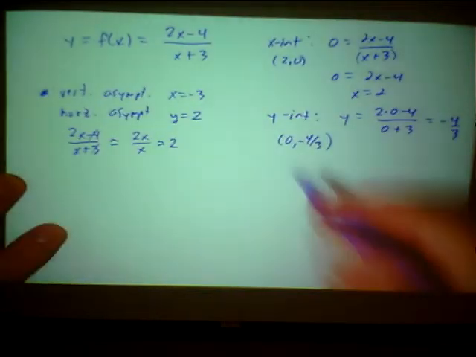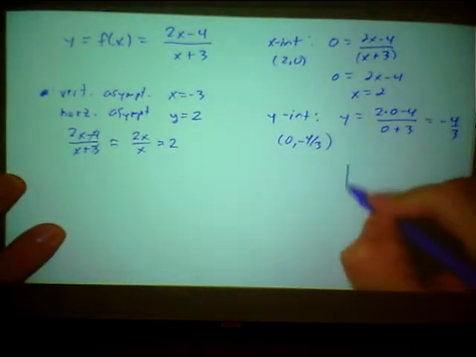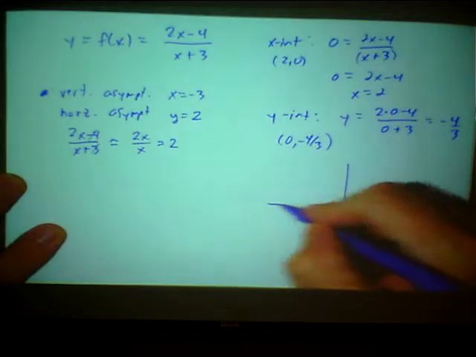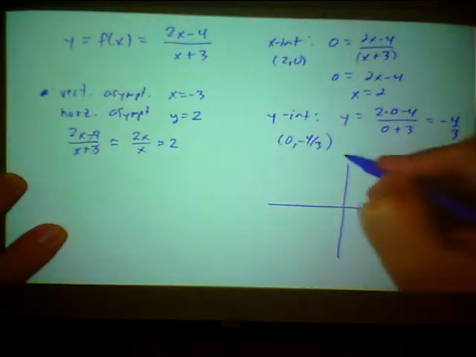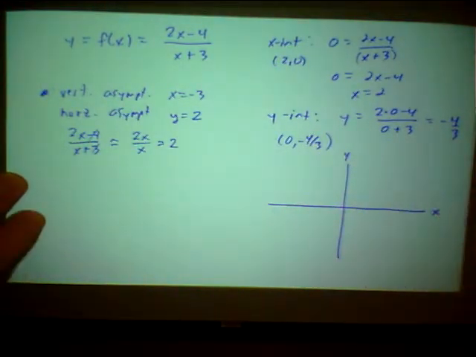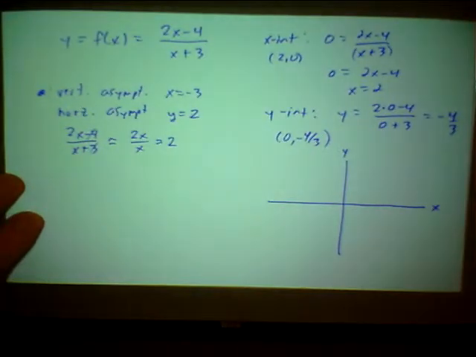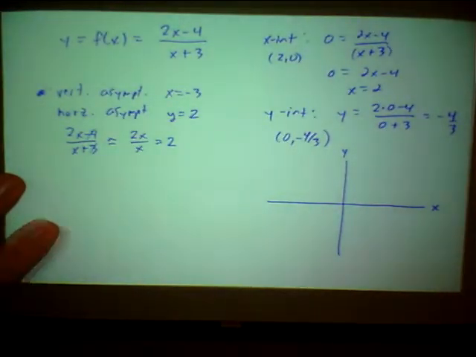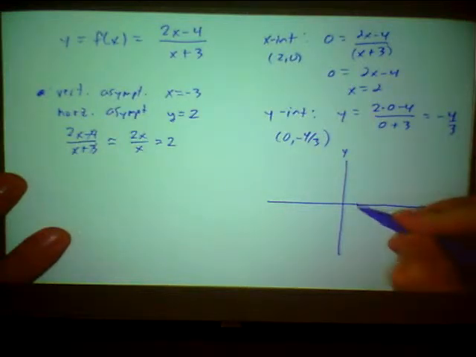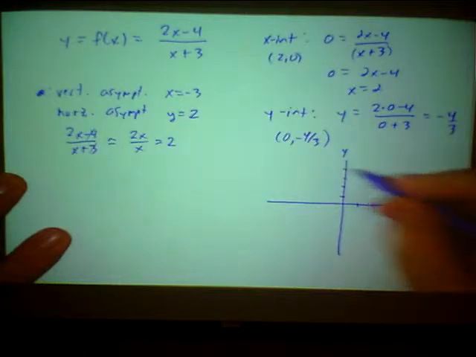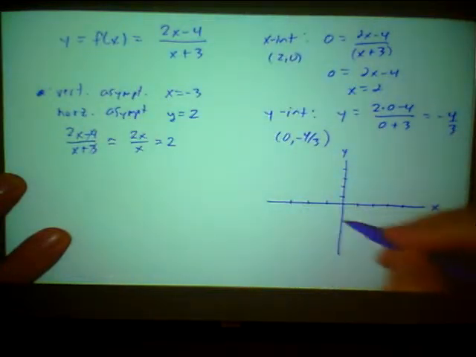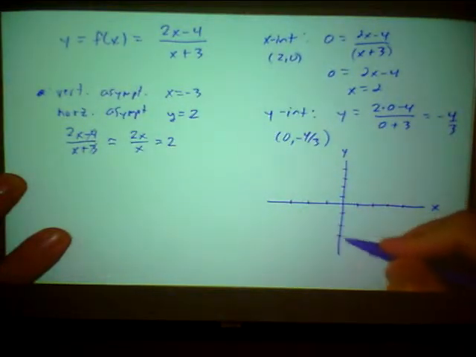I've got some intercepts and I've got some asymptotes. Let's try and create decent looking axes.